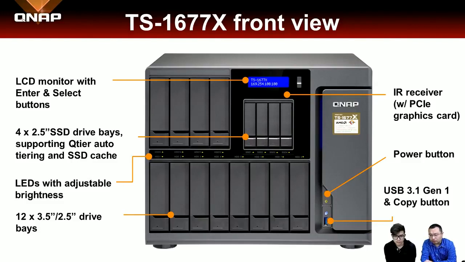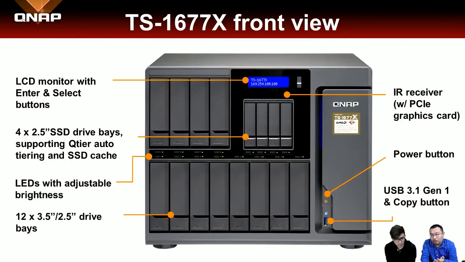On the top right, you will see there's an IR receiver. You may wonder, the Ryzen CPU available on this device does not have a built-in GPU, so no HDMI output. While QNAP still puts the IR receiver on the device, this is because, as you will see in later slides, the 1677X supports an additional PCIe graphics card.